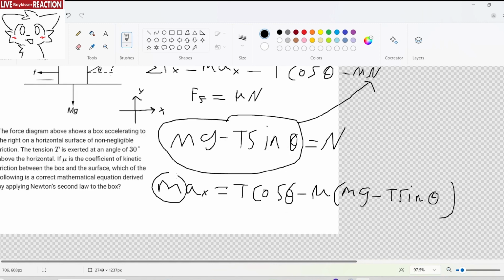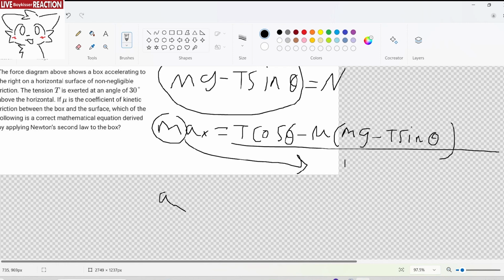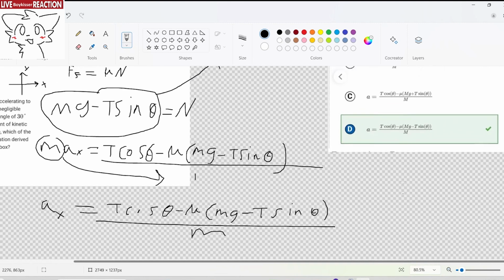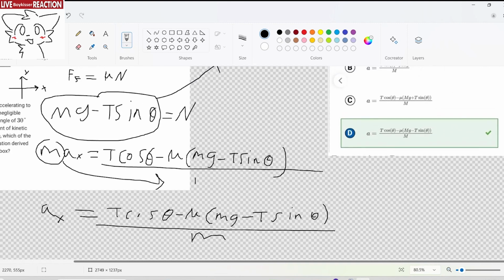And by moving all the way down here, then we will get ax equals T cosine theta minus mu times (mg minus T sine theta), divided by mass. And if we were to look at the answers over here, we will get that T cosine theta minus mu (mg minus T sine theta), divided by mass.